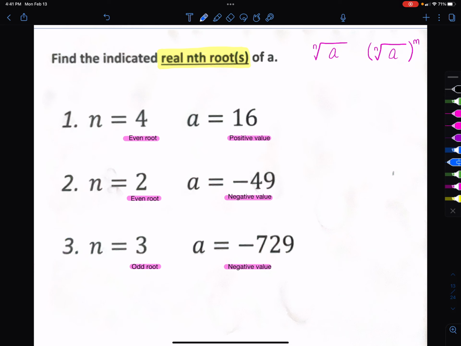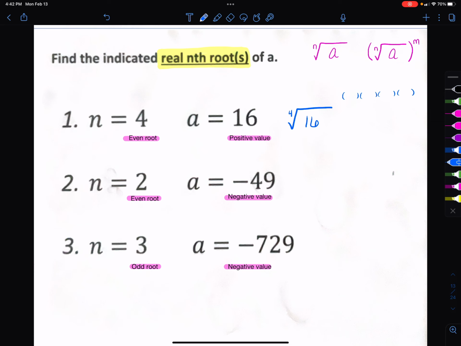So looking at number 1 here, I have an even root with a positive value, and I'm going to write that in radical form. So I have 16 as the radicand, and the root is 4. I'm looking for some number times itself 4 times that will give me 16. So what number could that be?